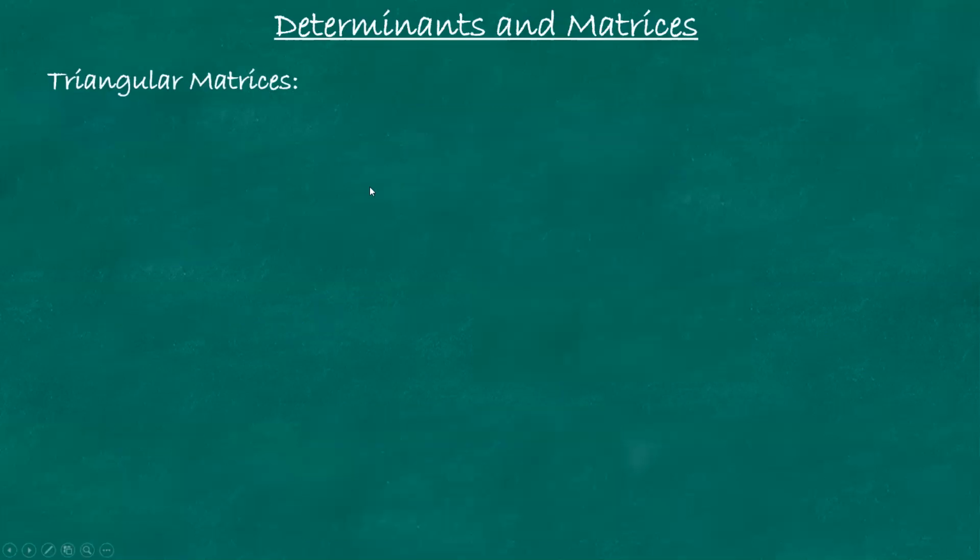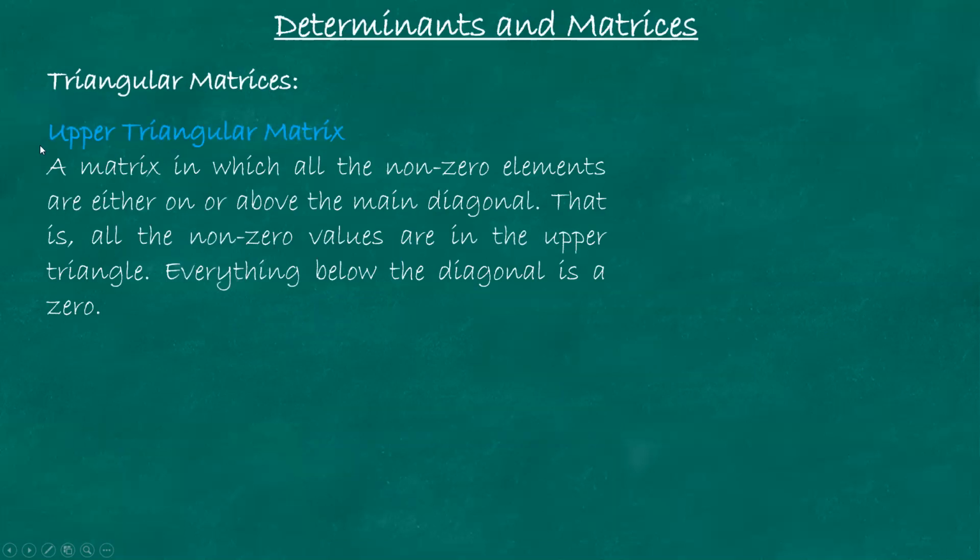And then other na considerations na matrices, for your information. Pag nagalingon na upper triangular matrix, is a matrix in which all the non-zero elements are either on or above the main diagonal. That is, all the non-zero values are in the upper triangle.